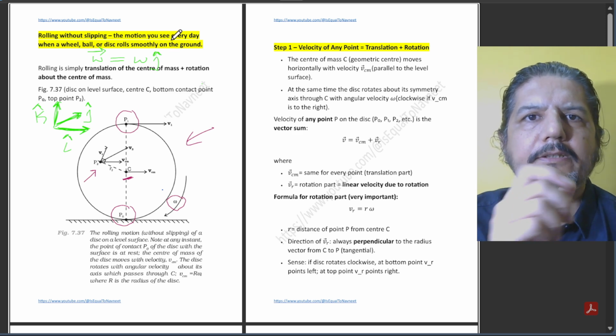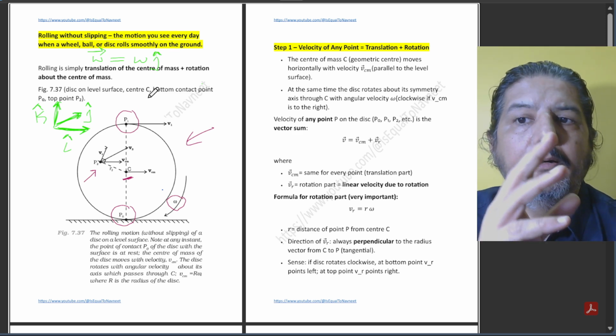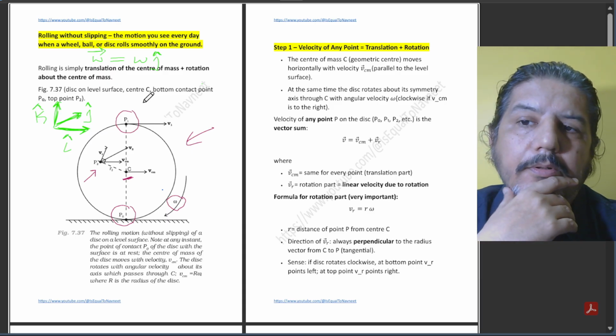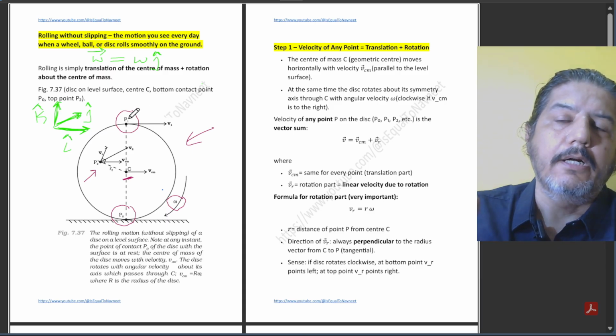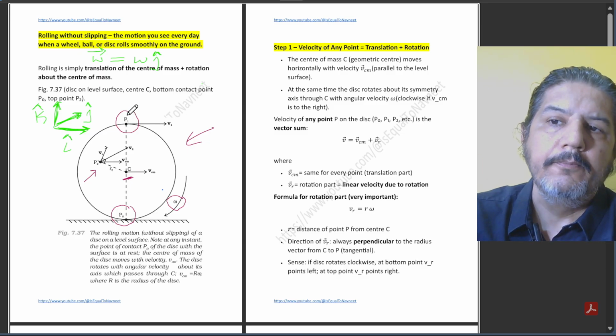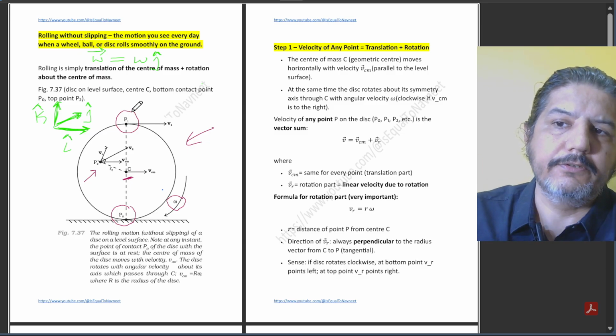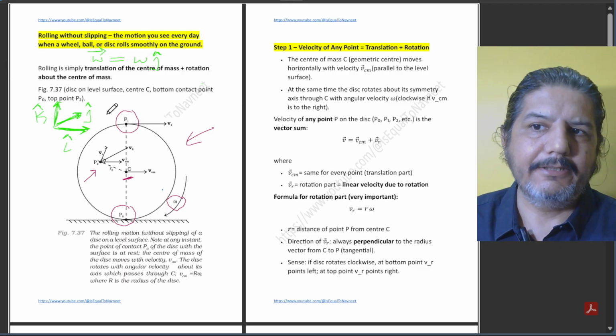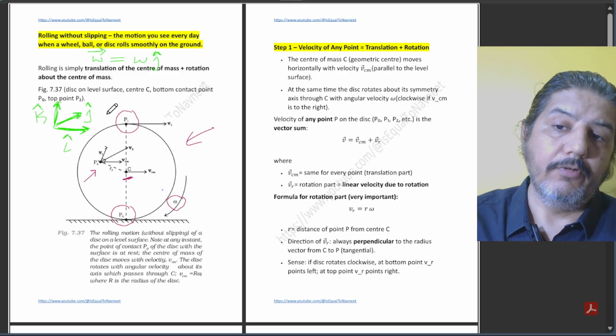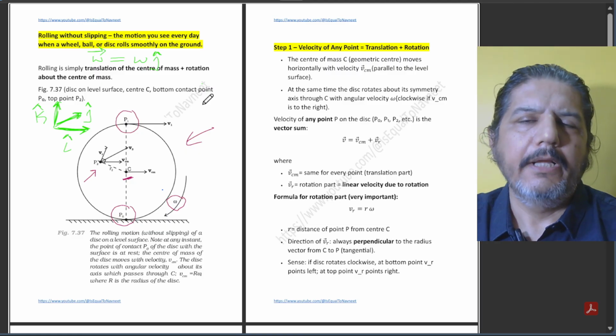If you understand this point, you'll be able to do numericals very easily. So be very clear about the Cartesian coordinate that you are choosing. J is pointing inwards, I is in this right direction, K is pointing in the upward direction. Be very clear about it. It will help you a lot.